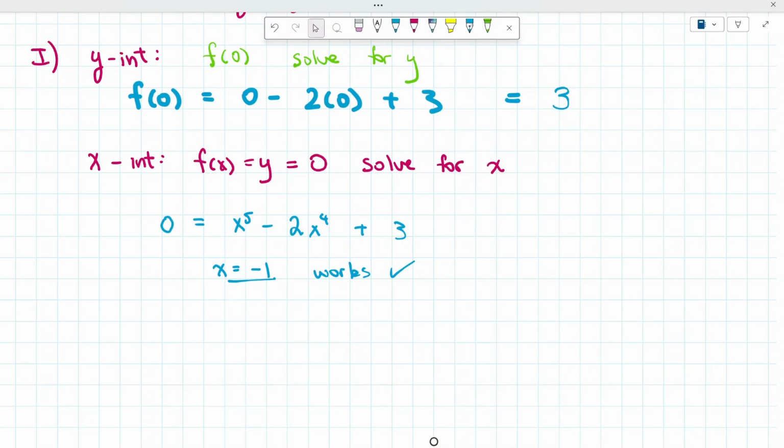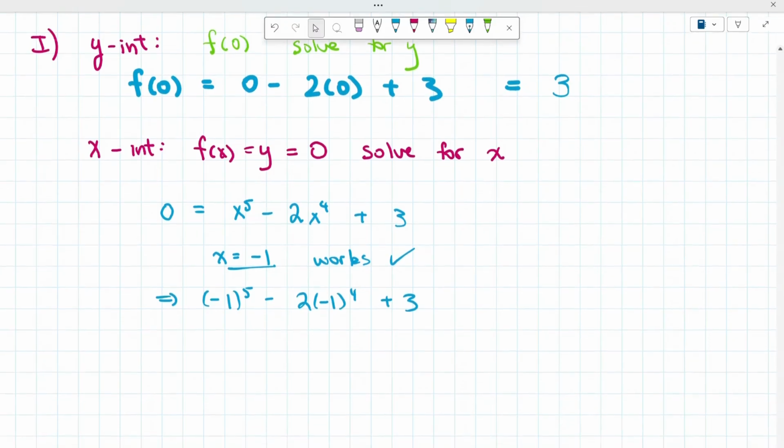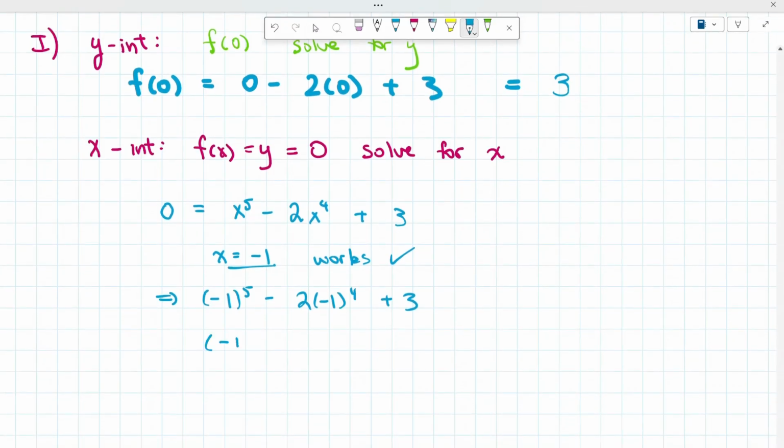So let's see what that looks like. I'm going to have (-1)^5 - 2(-1)^4 + 3. That means I've got -1 - 2(1) + 3.